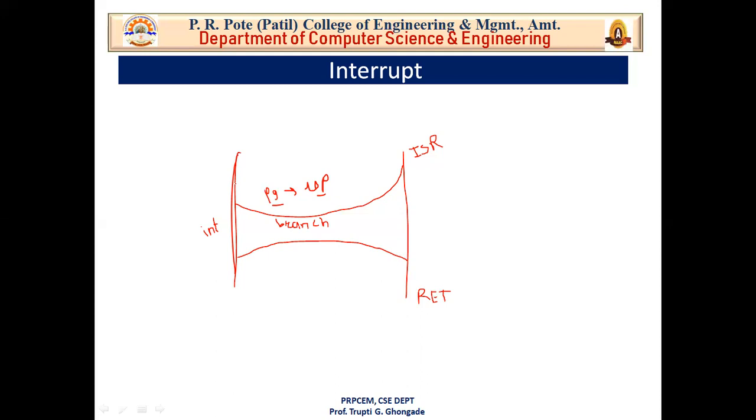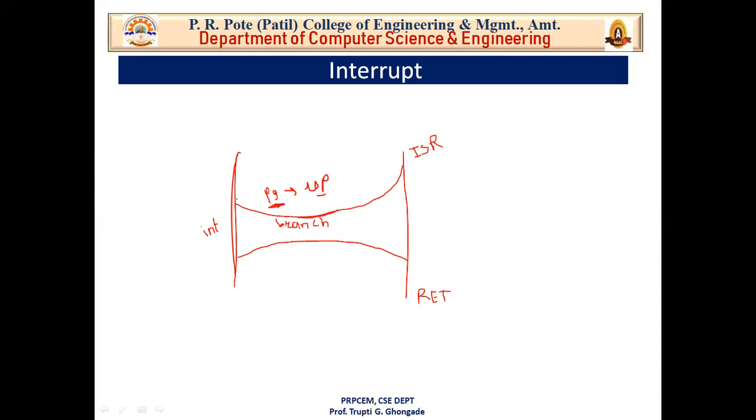While executing a program, some device develops a problem and sends a signal to the processor that it needs some service. So whenever the processor gets that interrupt from the device, the processor suspends the program it was executing, and goes to the ISR.